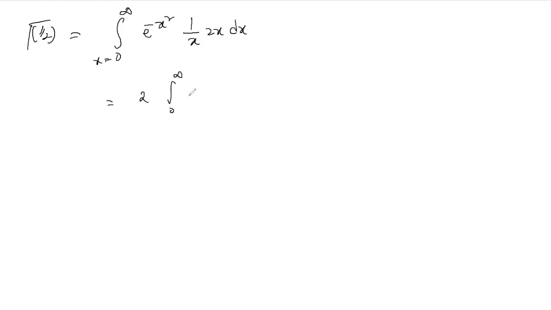So gamma half is the integral with x from 0 to infinity of e to the power of minus x square, times 1 by x, times 2x dx, which after simplification is 2 integral 0 to infinity e to the power of minus x square dx.